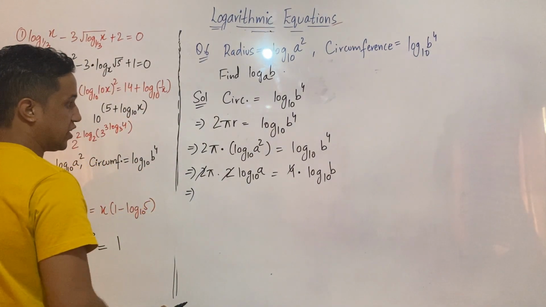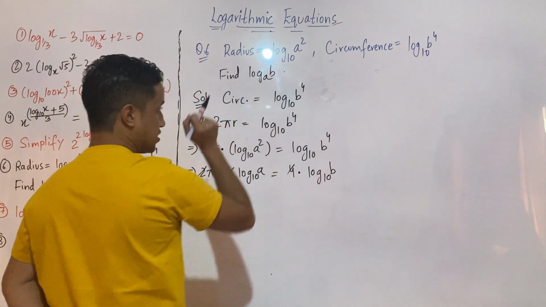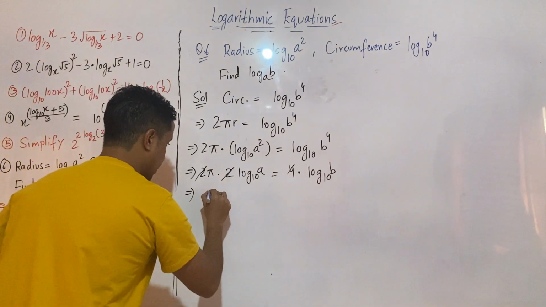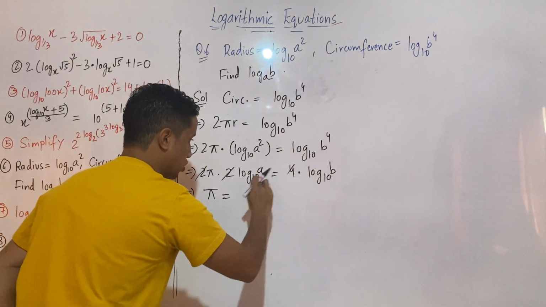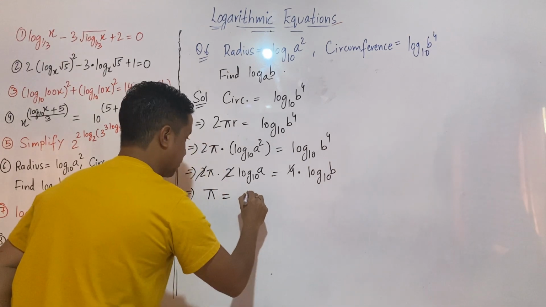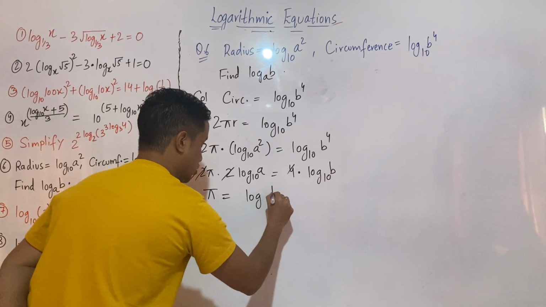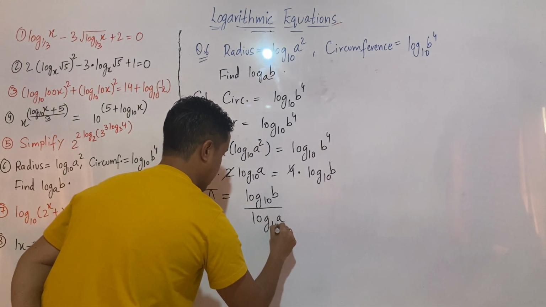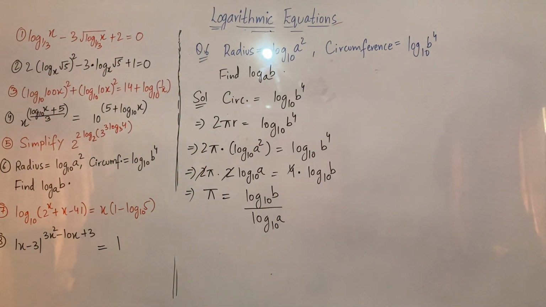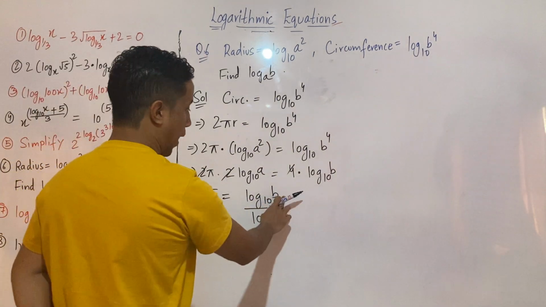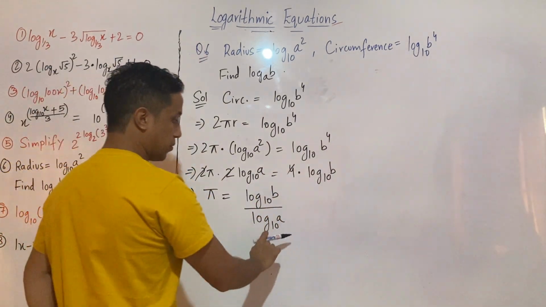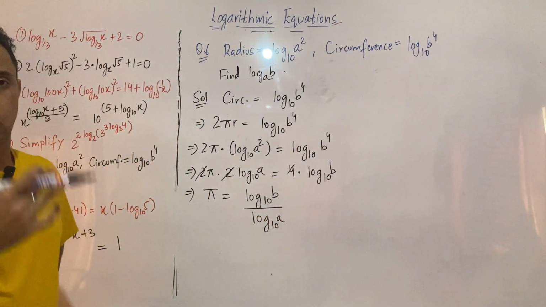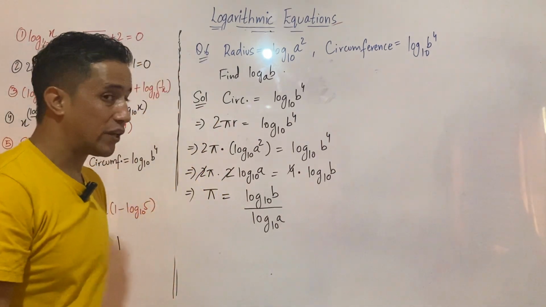what we need is log b to the base a, right? So what I can do here is, pi is equal to, bring this thing here, it's going to be log b to the base 10, and here log a to the base 10, which is equal to pi. Now see here, this is log m to the base a by log n to the base a is equal to log m to the base n. What property?